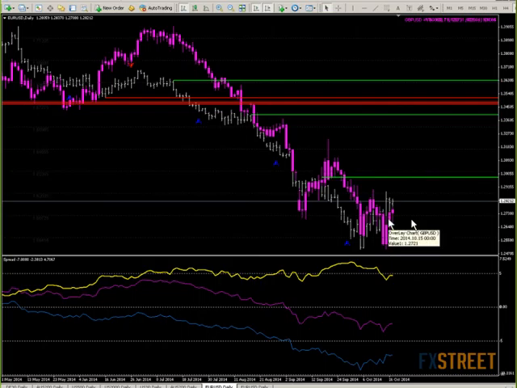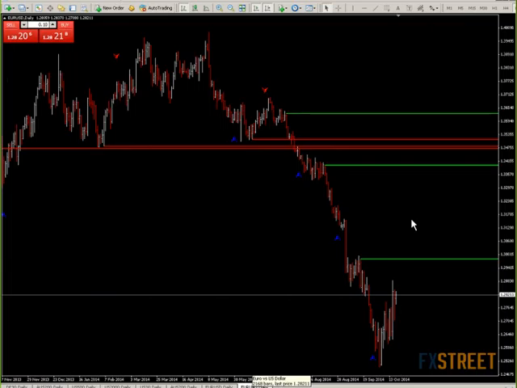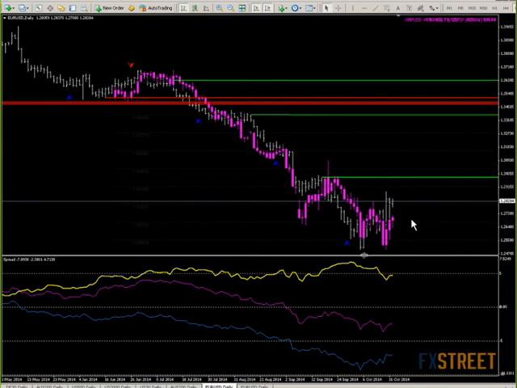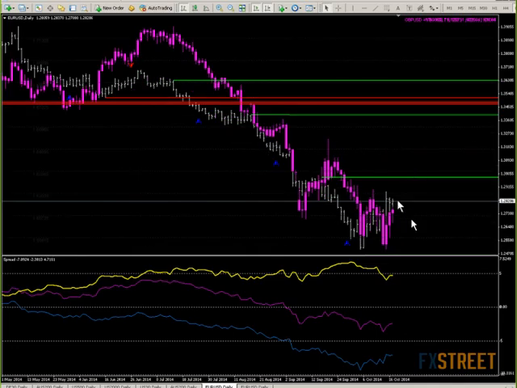If we were just looking at the euro dollar from a different perspective, we would look at it as a normal chart. But from a pairs point of view, we would like to see the discrepancy pan out further.